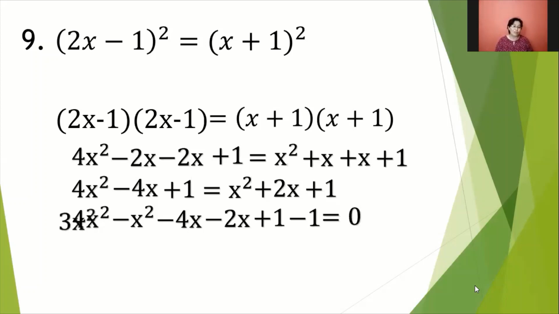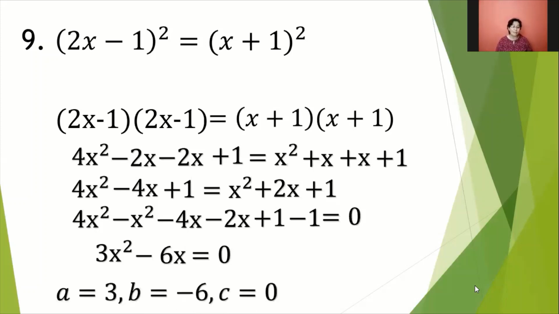We have 3x squared minus 6x is equal to 0, because 1 minus 1 is equal to 0. And that is the final answer, where the value of a is 3, b is negative 6, and c is equal to 0. As simple as that.